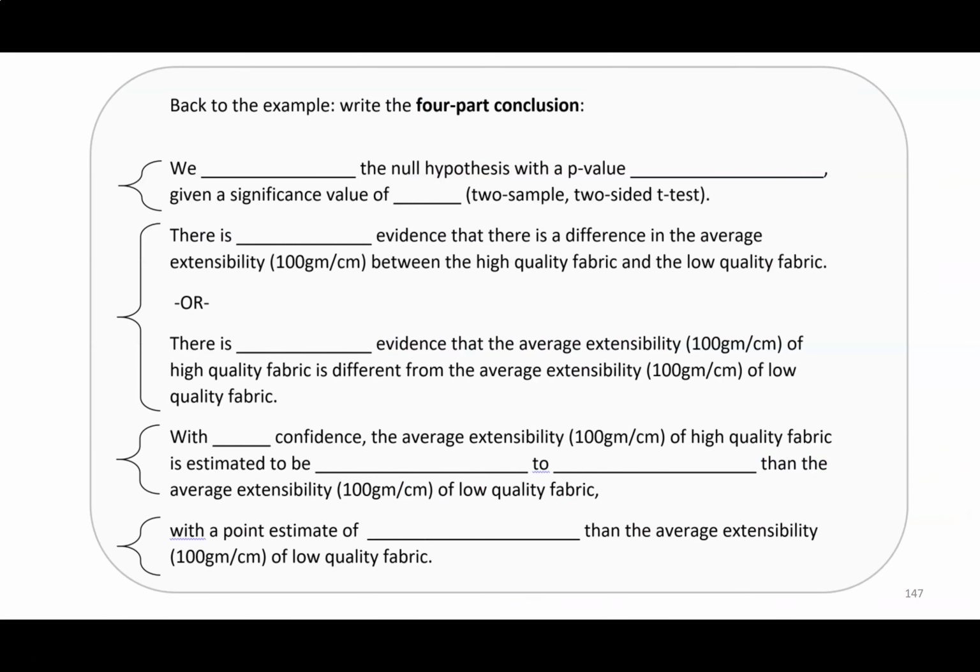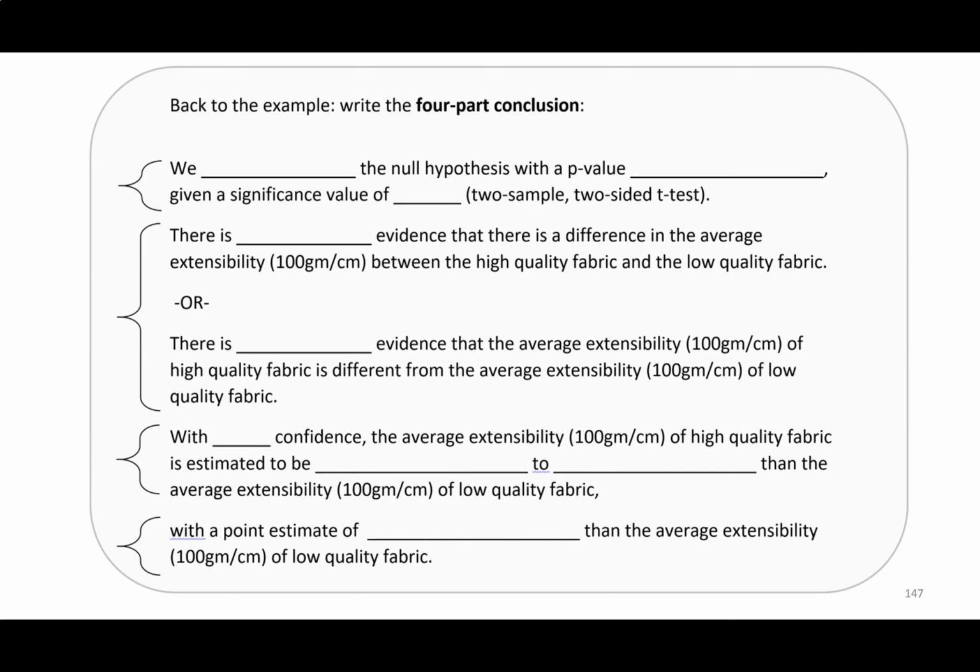So here's the really long write-up, and here are the 4 parts. When we say 4-part conclusion, there are 2 parts that go with the hypothesis test, and then 2 parts that go with the confidence interval. So it's just combining the two-parters.